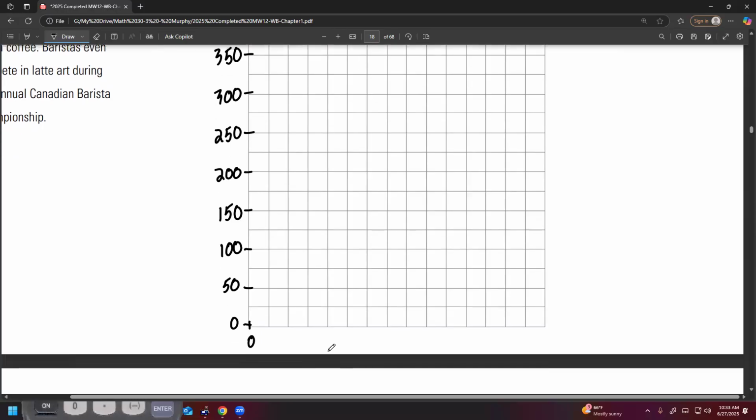And along the bottom, every 2 blocks will be 1. 3, 4, 5, 6, and 7.